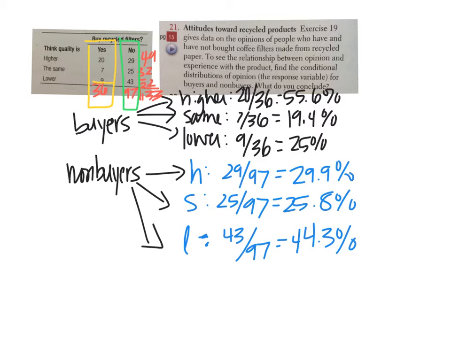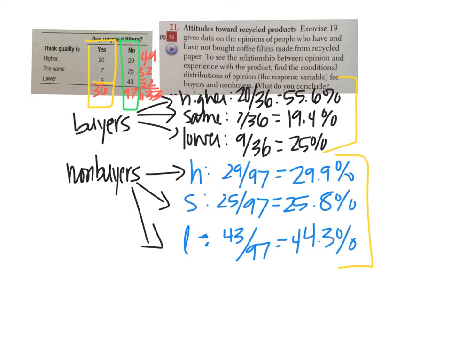All right, so I have the conditional distributions of opinion for buyers and non-buyers. What do you conclude? What I'm noticing, comparing non-buyers and buyers, is that if they buy recycled filters, they are much more likely to think that they have a higher quality than if they do not buy the filters.